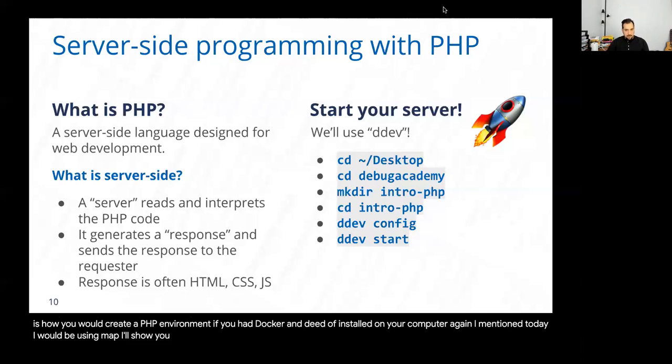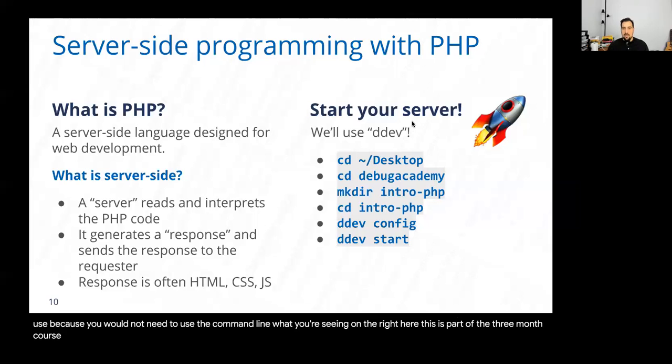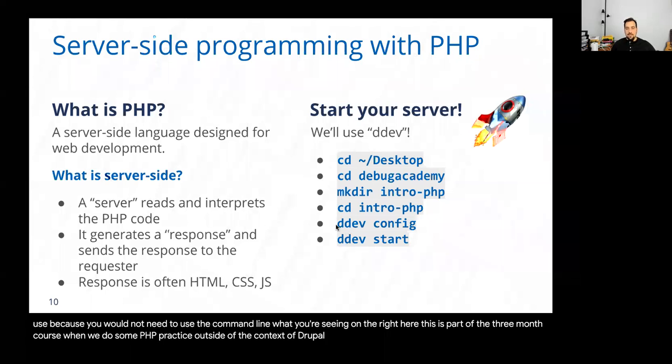I'll show you MAMP momentarily, but MAMP is an application you can download, which is a little easier to use because you would not need to use the command line. What you're seeing on the right here, this is part of the 3-month course when we do some PHP practice outside of the context of Drupal. So this is all that it takes to start a Docker environment using PHP.